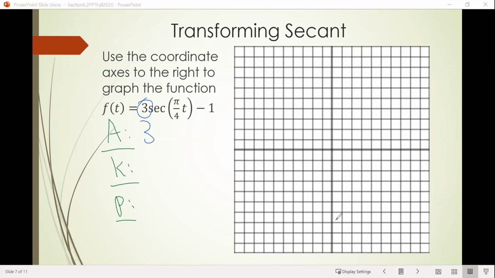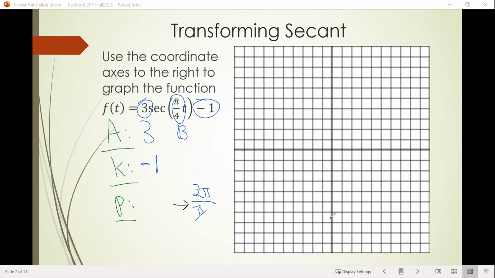The value for k would be the number added at the end. So here we see it's a minus 1. And then the period, recall that for sine and cosine, the way we find the period is by doing 2 pi divided by the value of b, which in this case would be the one on the inside there being multiplied by the variable.